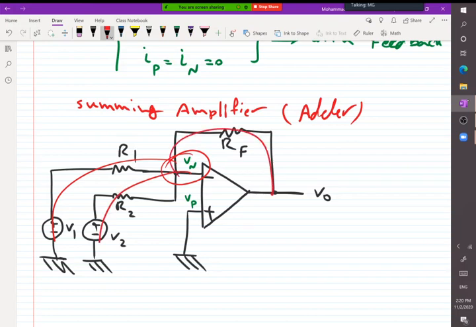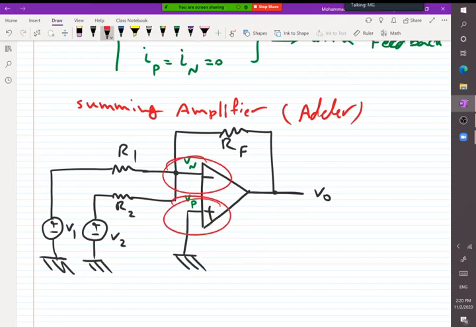So no idea what the value of Vn is. What's the value of Vp? Vp is connected to the ground. So definitely the value of Vp is equal to 0. So always look for one of these two inputs for which the value is known. It's very important, okay?